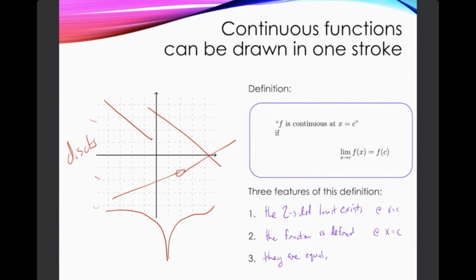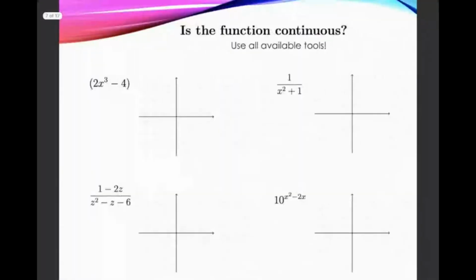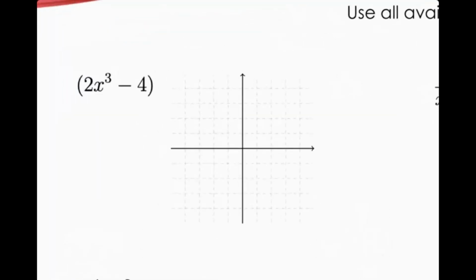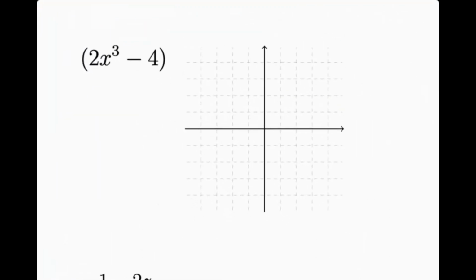So what I'd like to do is talk on the next slide about continuous functions and really think about what it means for a function to be continuous. So I'm going to start and do these four scenarios with you. I want to talk through this first one here, and I'm going to name this function.